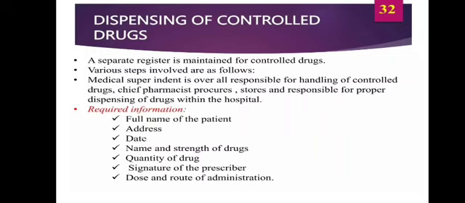A separate register is maintained for controlled drugs. The various steps involve the following: the medical superintendent is responsible for handling of controlled drugs, and the chief pharmacist procures, stores and is responsible for proper dispensing of the drugs within the hospital.